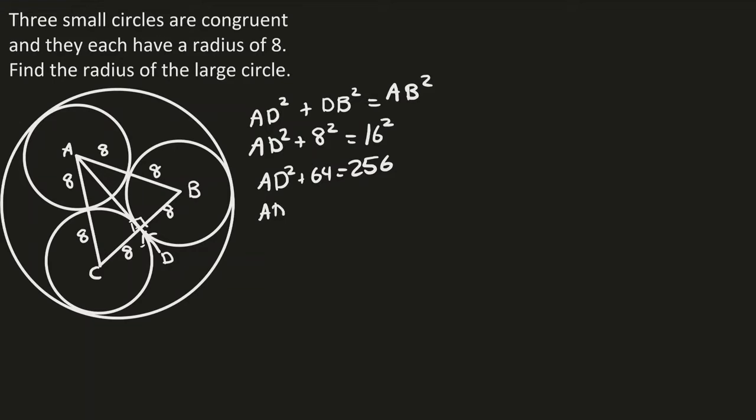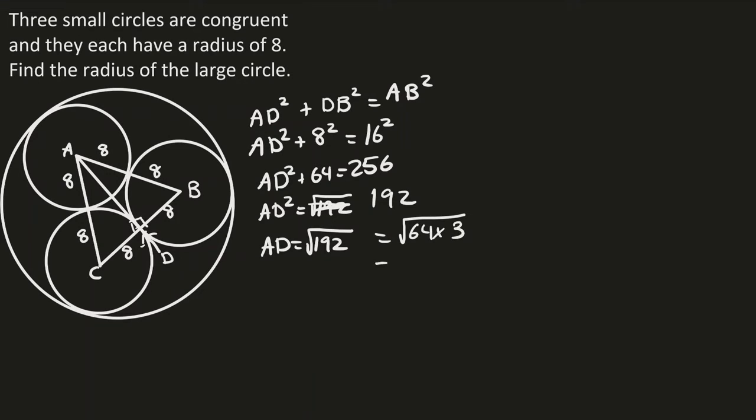AD squared equals 192, so AD is the square root of 192, and we can simplify that further, getting our answer that AD is 8 root 3.